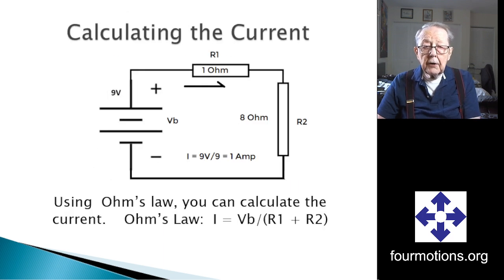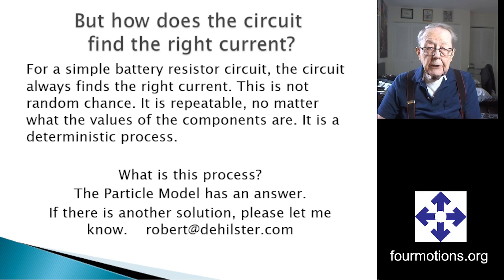And you can calculate the current pretty easily. Using Ohm's law, you just take the battery voltage and divide it by the sum of the two resistances. That's easy enough for us to do, and we've done it many times. But the question is, how does the circuit find the right current?